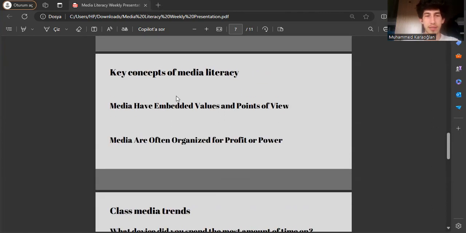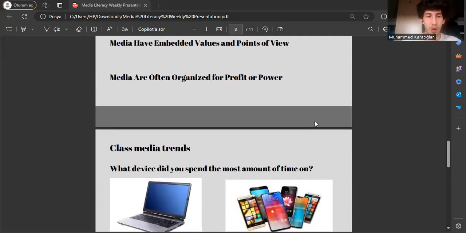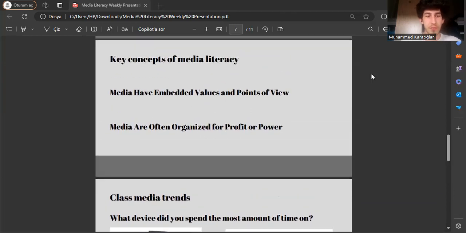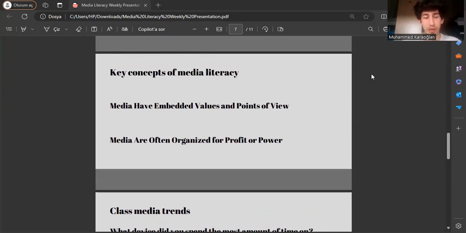Our last key concept is that media are often organized for profit or power. Movies and TV shows require significant budgets and need to recoup costs, often through advertising. Some media, like certain newspapers, might not be profitable but are subsidized due to their political influence or other benefits.